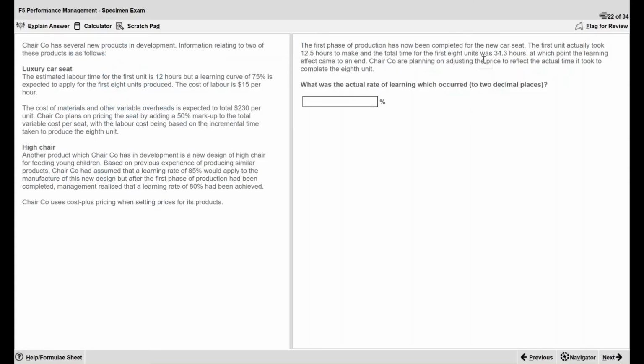So using this information given, we have to find the value of R. Okay. So we have 34.30 and 12.5. What we can do is divide both sides by 8 so that 8 is removed.